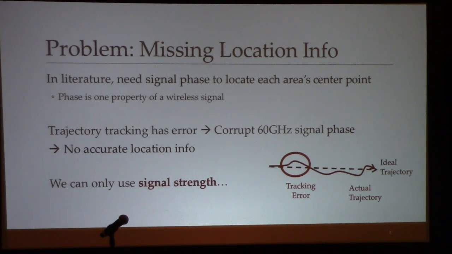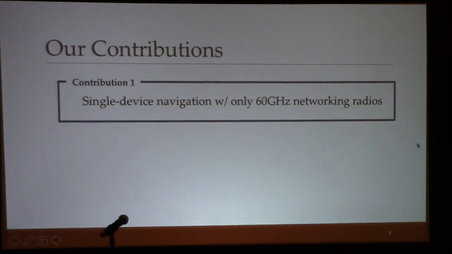But obviously, on a single device, the signal strength itself can't magically give us more information. But because we're using the 60 gigahertz signals, we also have their beam directions, because they will align the beams to capture the reflections. So we can use the beam directions to compensate for this missing information. Our paper has two major contributions. One is to allow the device to move around objects safely.